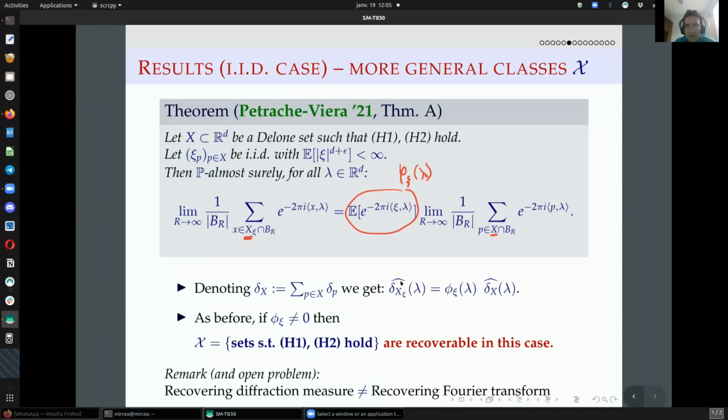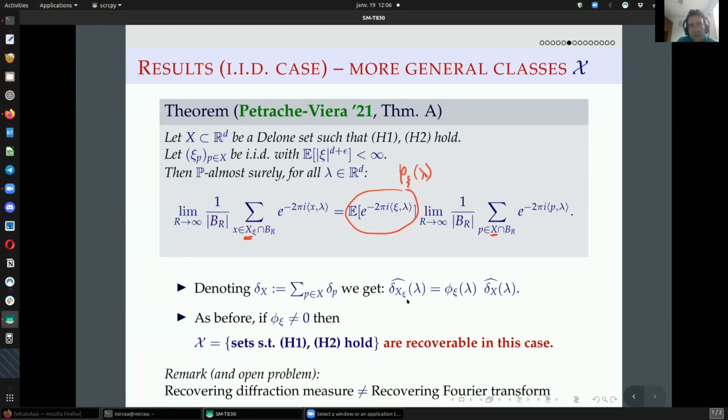Roughly speaking, the set X_xi, if I look at the Fourier transform, is as if I took a convolution of a function related to the density, with the law of xi, convolved with the sum of Dirac masses in X. Because you remember, the Fourier transform has the property that the transform of a convolution is the product of the transforms.